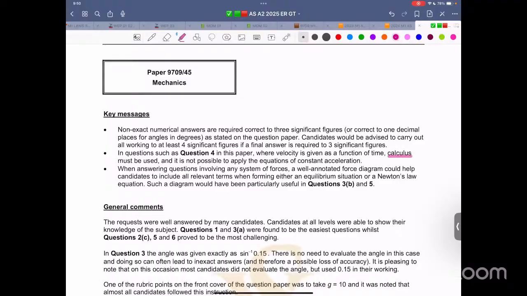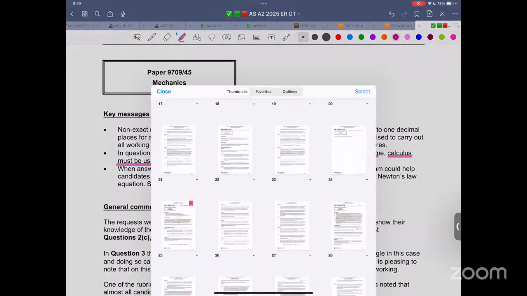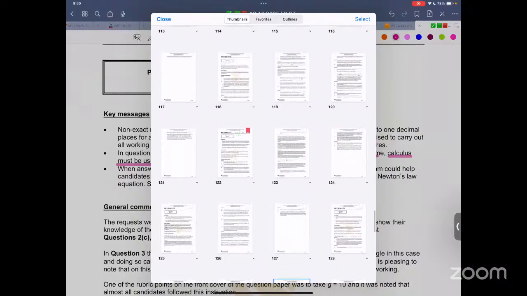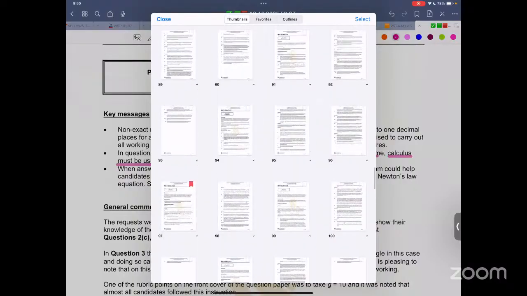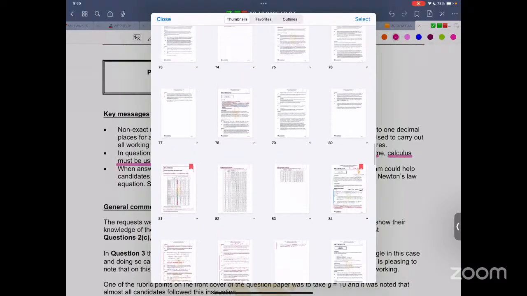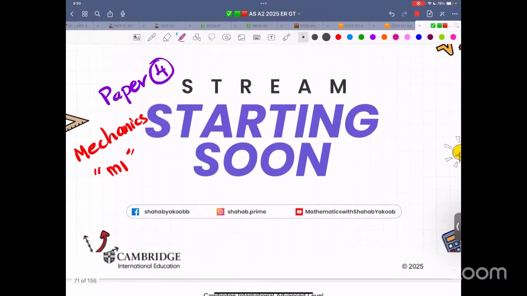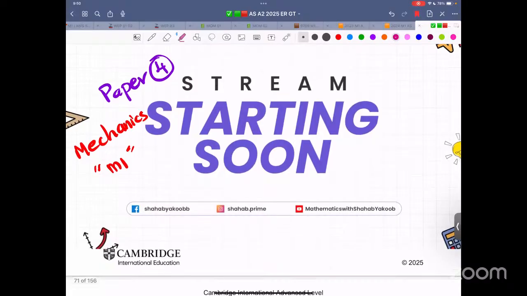Again, they are talking about calculus must be used when velocity is given as a function of time, system of forces. So it's the same old story that you have to take care of. So let me just focus over here.